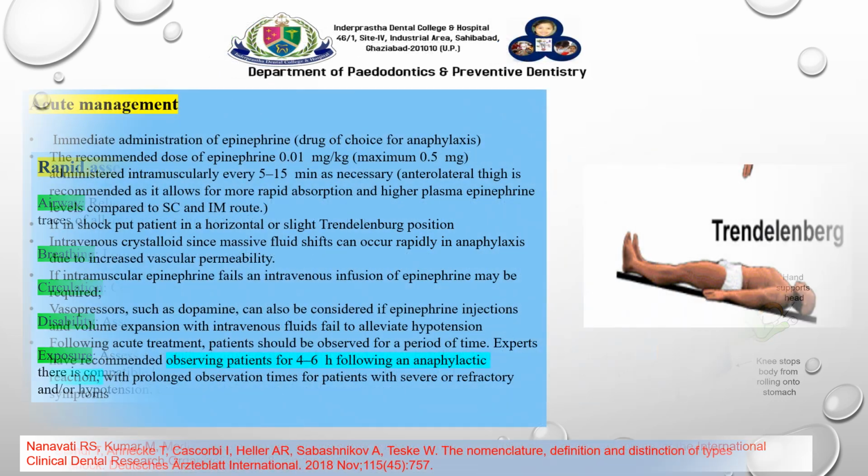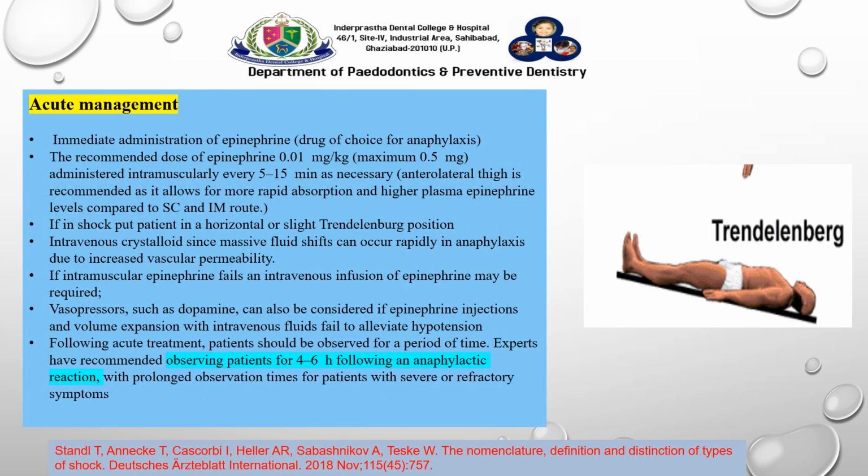Then management. In acute management, we first administer adrenaline in an amount of 0.5 mg or 0.01 mg per kg, and then we put the patient in Trendelenburg position, that is head tilt, chin tilt and legs elevated.